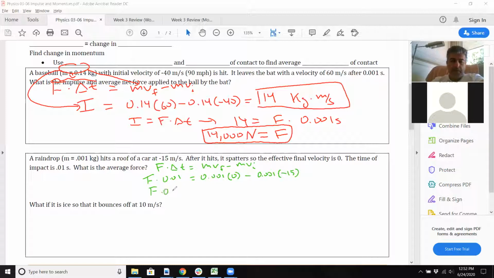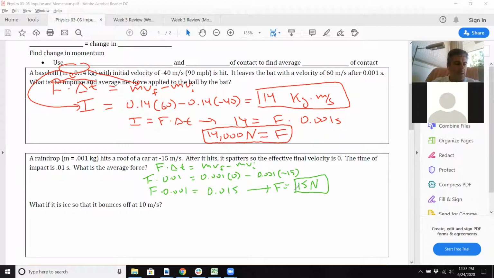So force times 0.01 equals 0.001 times 15. So negative, so positive 0.015. So force divided by 0.01 should be about 1.5 newtons. So it's not so bad when a raindrop hits you, right? You feel it, but it's not as bad as being hit by a baseball. So being hit by a baseball would hurt a lot.